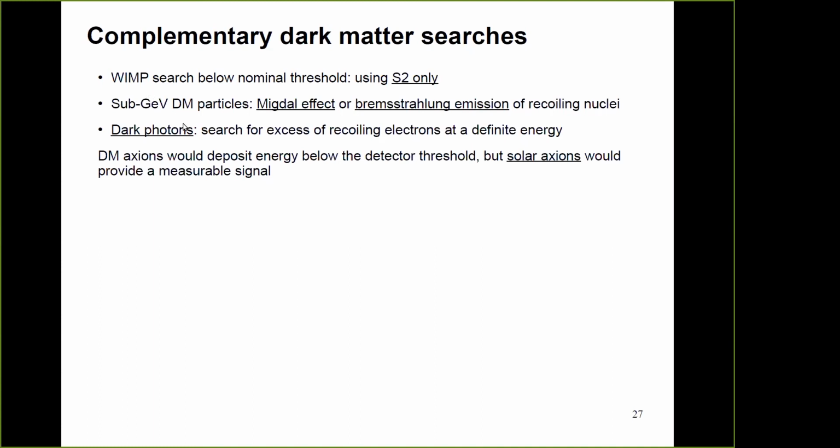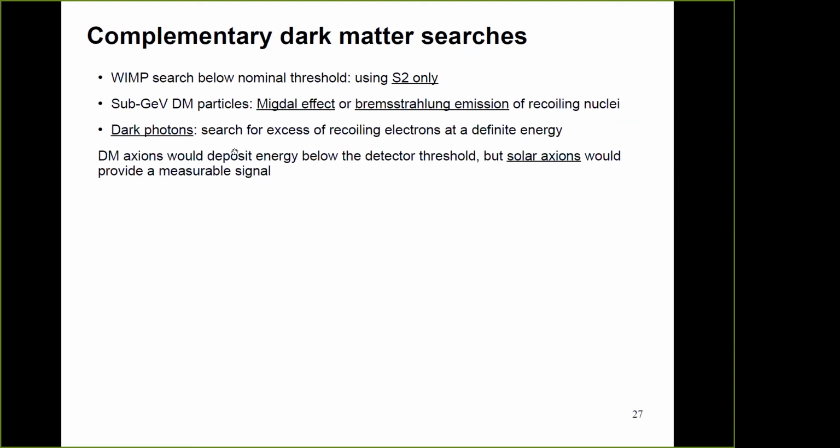Another important analysis that can be done is sub-GeV dark matter particles. In this case, you can go even to lower thresholds using this effect, but I'm going to talk about this in a while. And then we can do searches using the electron recoil spectrum.